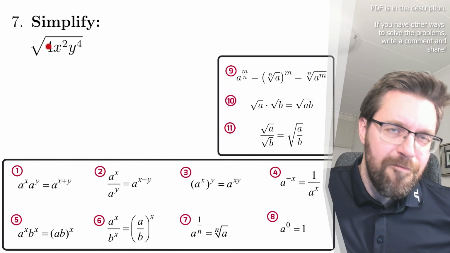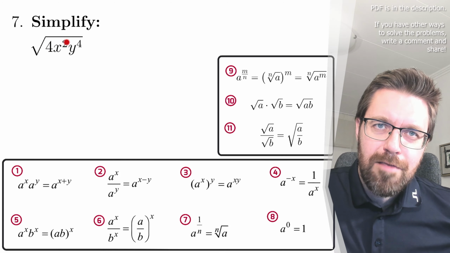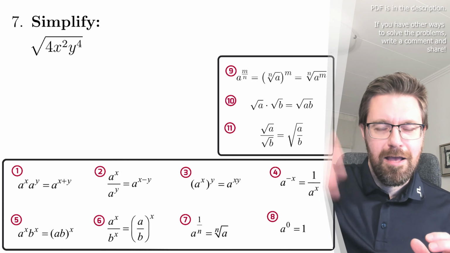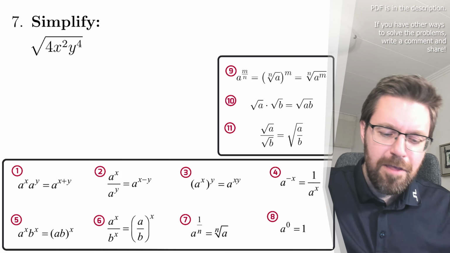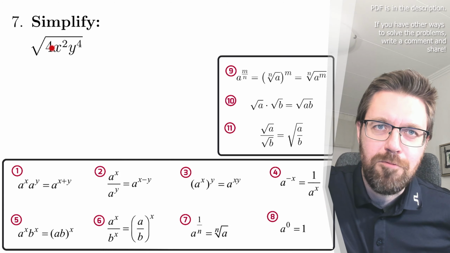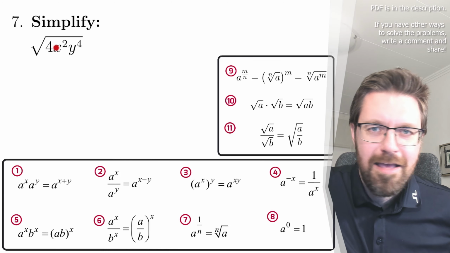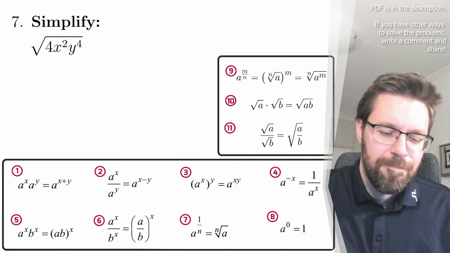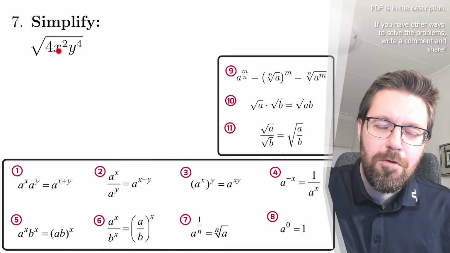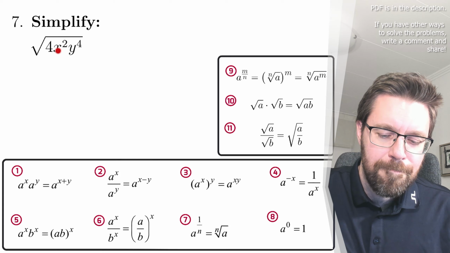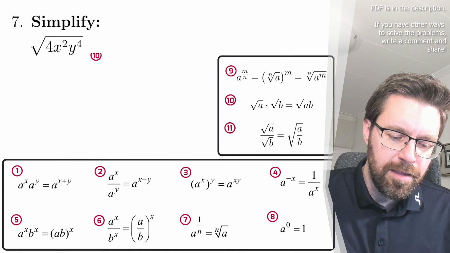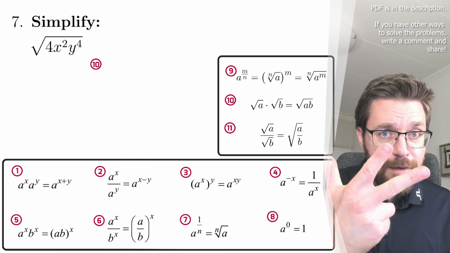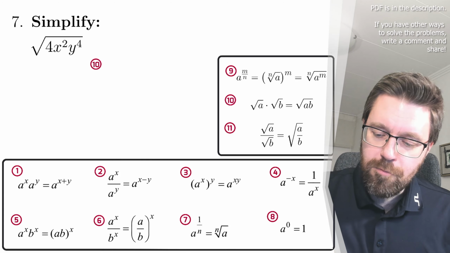So the number 4 here is not raised by 2, because the exponent and the base are so close, but the invisible multiplication sign between the 4 and the x is not so hard, so the exponent here works on only this number x. So you can use rule number 10 to split these 3 factors inside the square root.